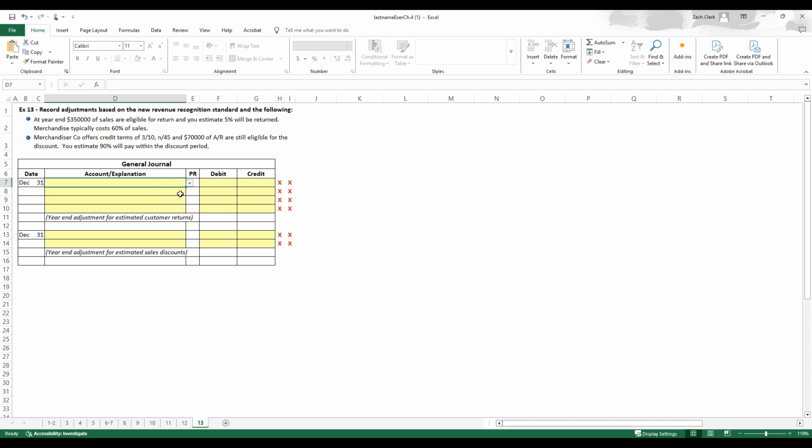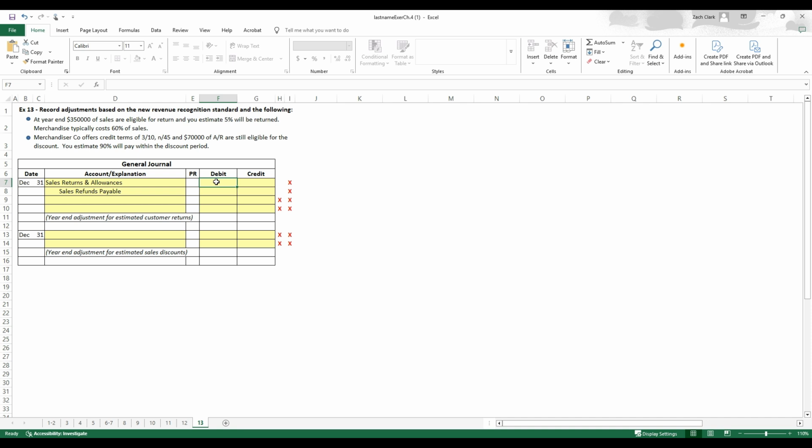So the first thing we want to record is an increase to our sales returns and allowances. That again is our contra revenue account. And the credit related to that is going to be an increase in our sales refunds payable account. Let's do the calculations on this piece first.